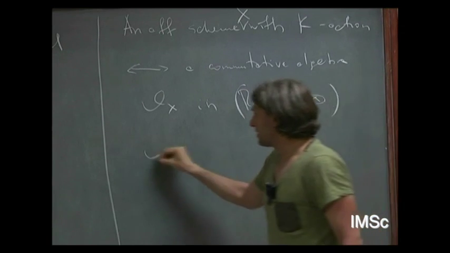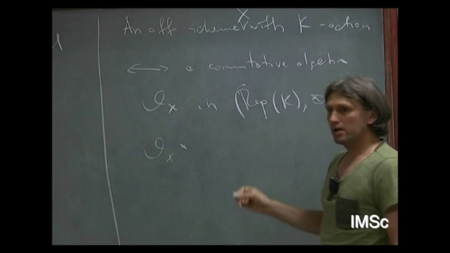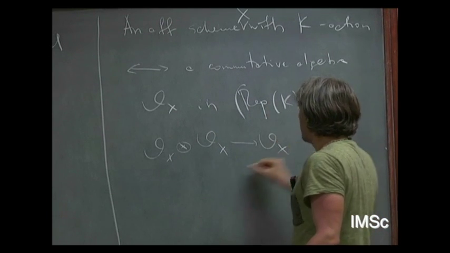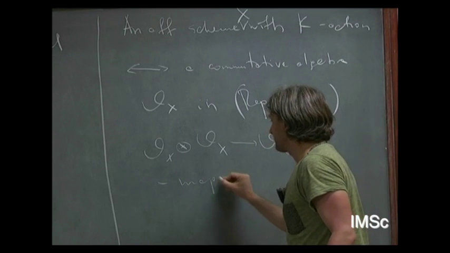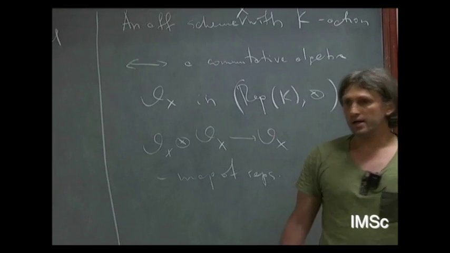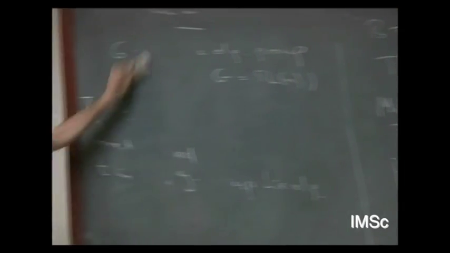So in other words, OX should be a representation, and the multiplication map from OX tensor OX to OX is a map of representations. And this gives a simple algebraic language to talk about equivariant quasi-coherent sheaves, which basically is my goal.